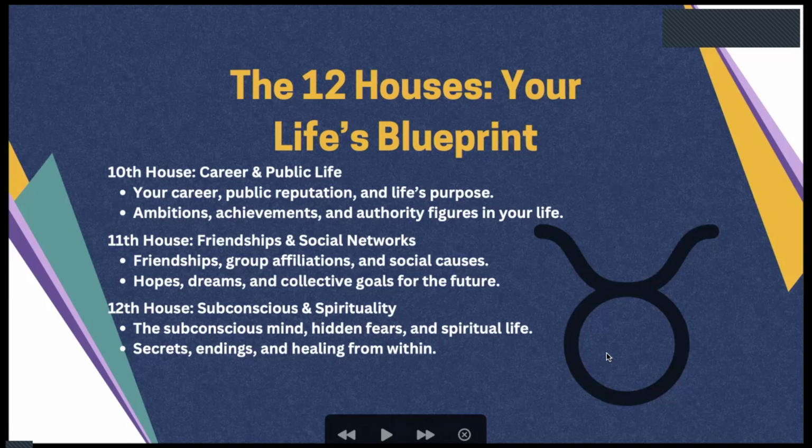Okay. 11th house, friendships and social networks. The 11th house is the house of your friendships, your group affiliations, and your social causes. This can be organizations that you are passionate about. This can be groups, organizations, social change groups like help feed the homeless.